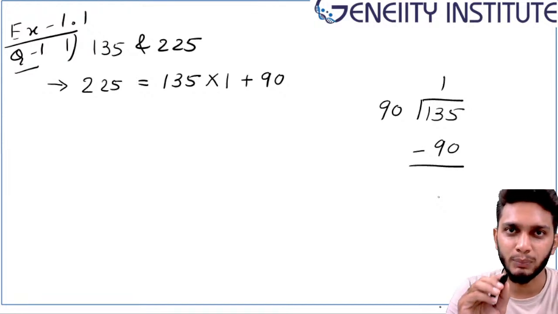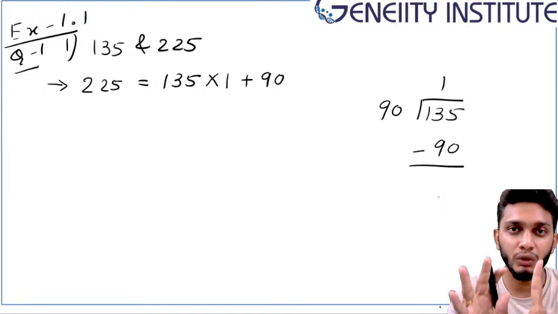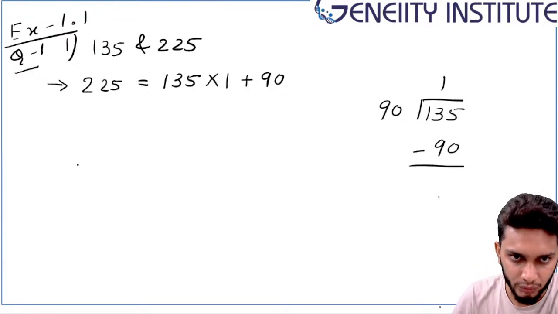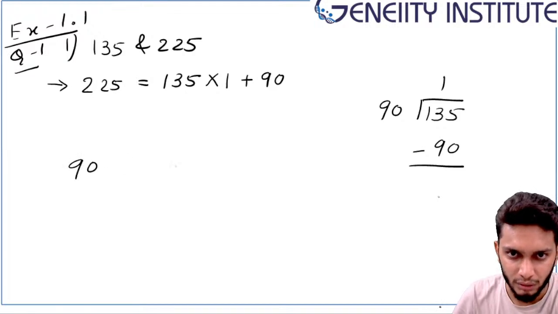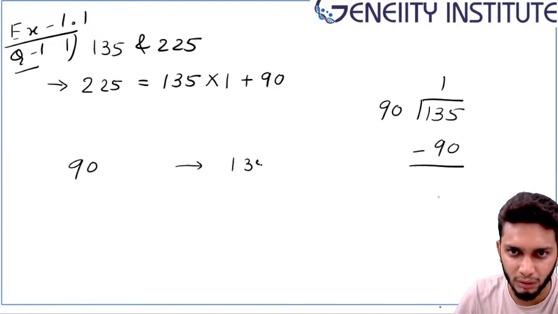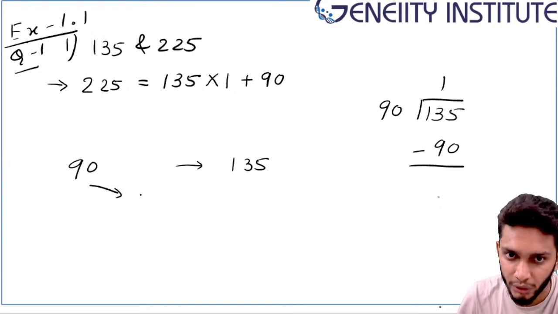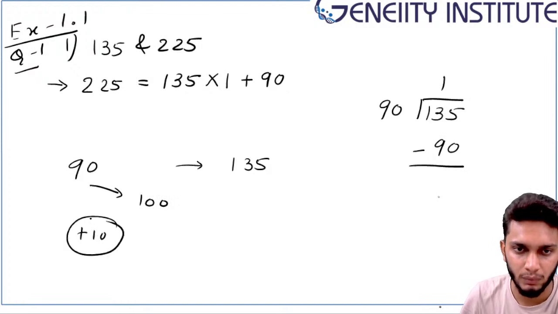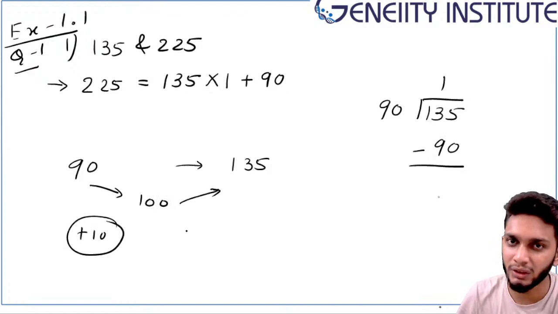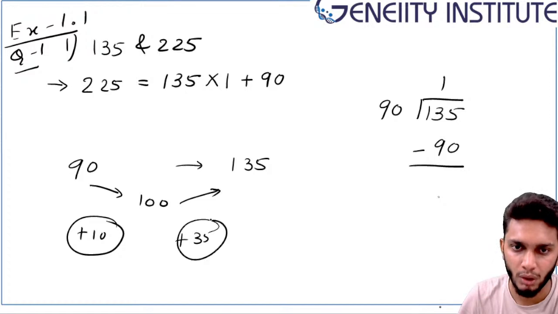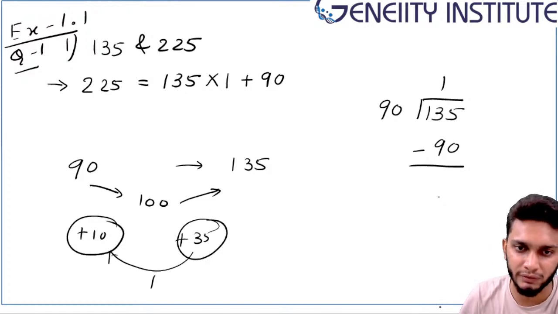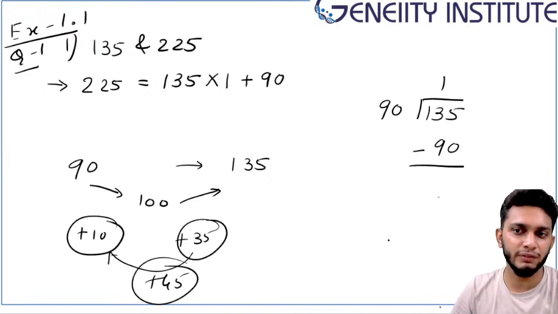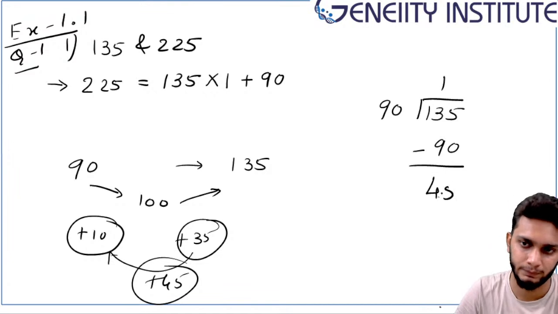If you can't subtract, listen to one thing. How can we subtract easily? We want 90 subtracted from 135. First of all, reach 100. How much do you need to reach 100? 10. From 100 to 135, 35 more. So plus 10 and plus 35, that is plus 45. So 135 minus 90 is 45.